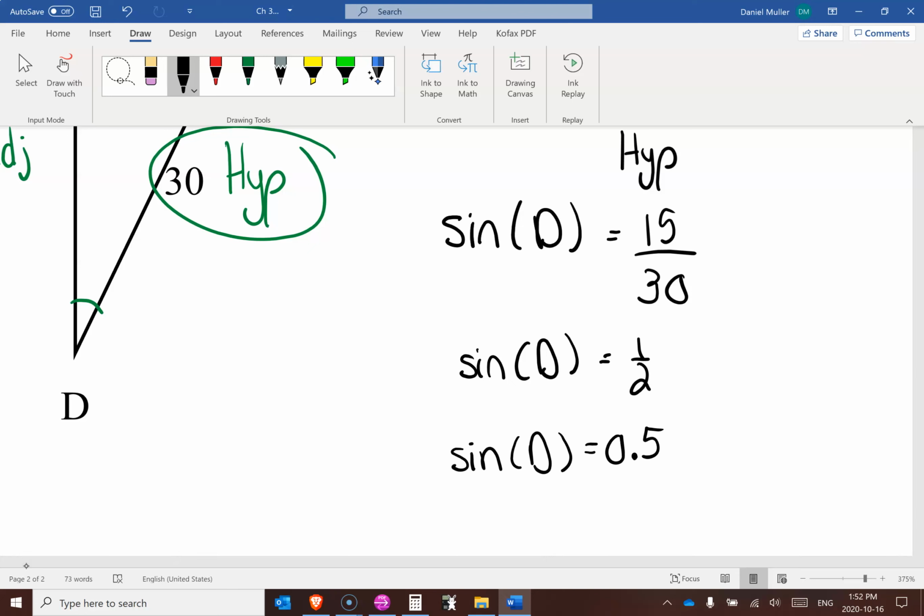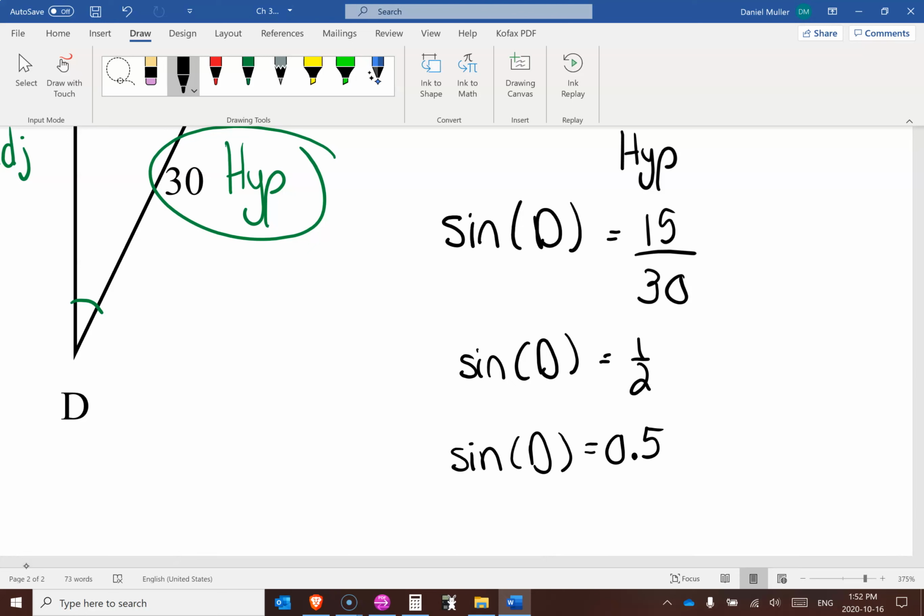Now, that's using the table. If you wanted to do this, what do you punch in your calculator? Well, you're going to have to punch in sine inverse of 0.5. So you'd have to sine inverse both sides, sine of D and 0.5.